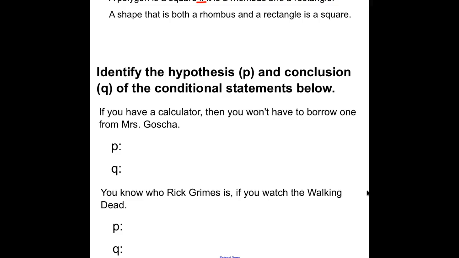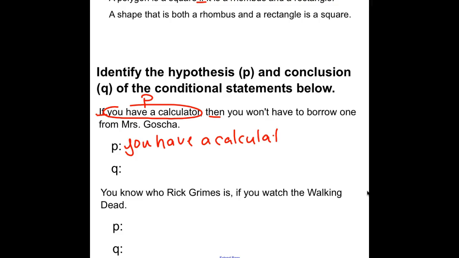It's the, if you meet this, then the second thing happens. So the hypothesis is this part, that you have a calculator. The conclusion then is the part that comes after then. It says you won't have to borrow one from Mrs. Gosha.